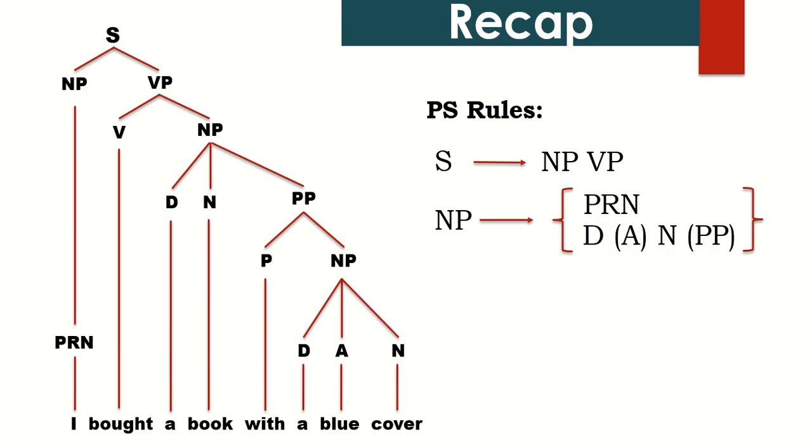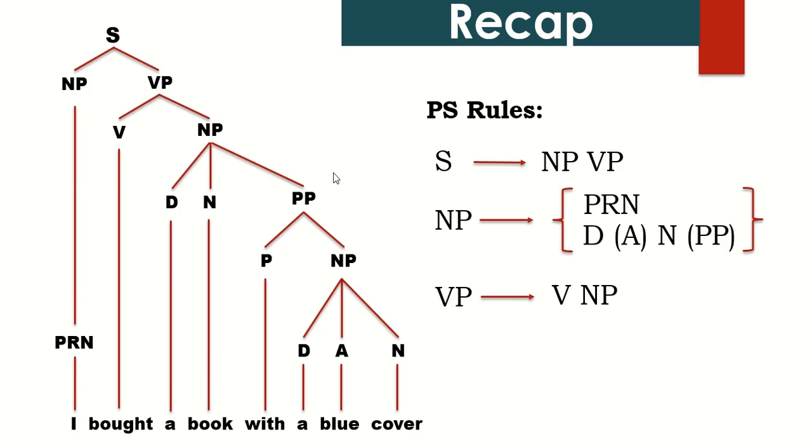If you notice here, the A and PP are between parentheses. Why? Because the A is found in a blue cover, but not in a book with a blue cover. And the PP is found in a book with a blue cover here, but it is not found in this NP.